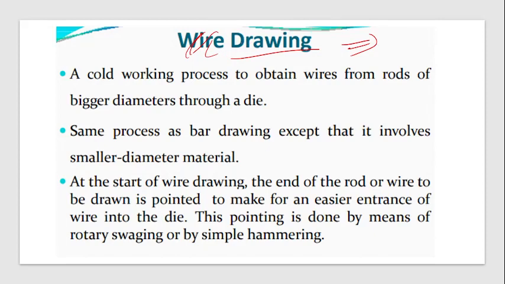Suppose it was a billet and some die is there with a shape mentioned in it, and you are not pushing it but applying a pulling force. That is drawing. In wire drawing, from a billet you will draw a wire. That is why it is called wire drawing.